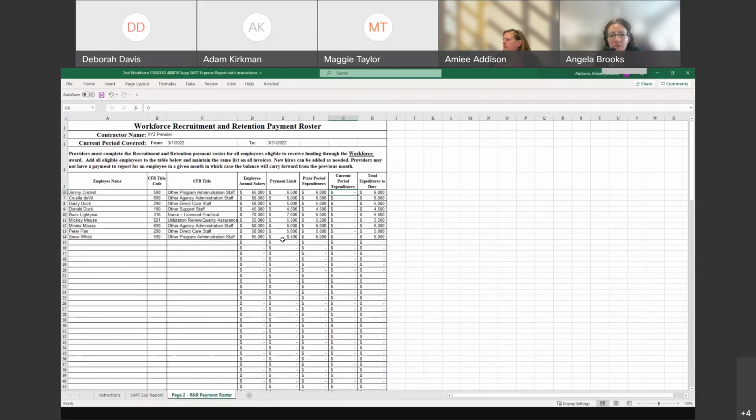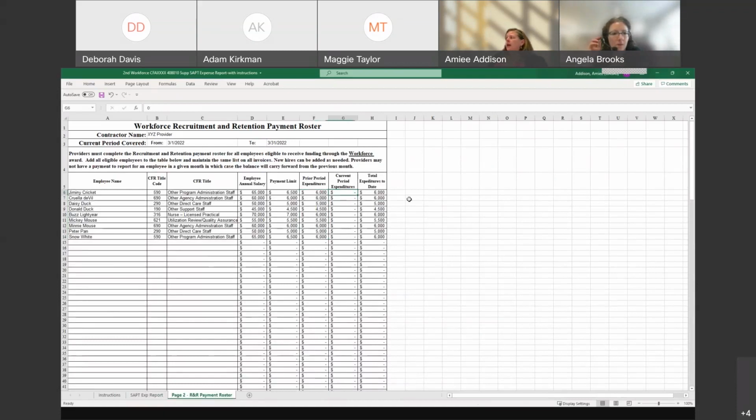If you look, for instance, at the follow-up expense report, this is based on only recruitment and retention, and it shows the prior expenses that were paid, so the prior payments to the employees.